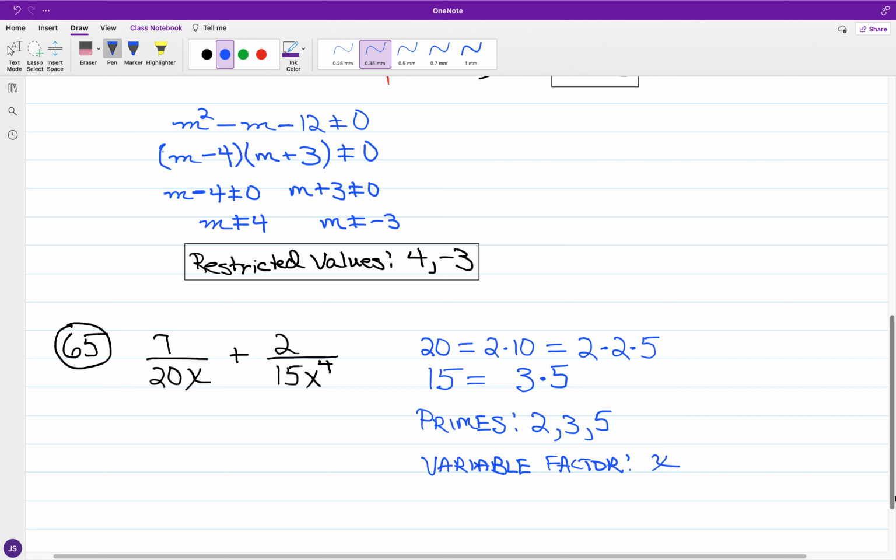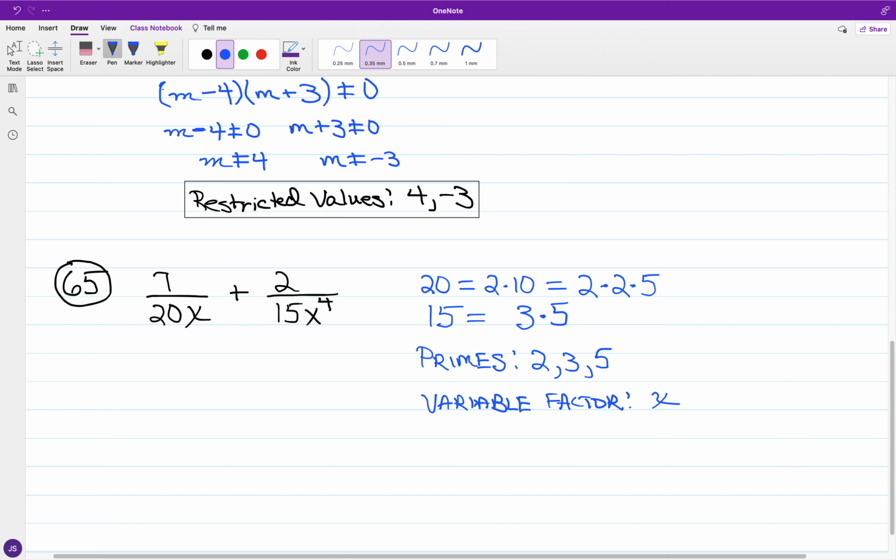Looking at what is going to be the least common denominator, this can be formed by the greatest number of appearances of each of the prime factors. With 2, it doesn't appear in 15, but it does appear twice in 20. 3 doesn't come from 20, but it does come once from 15.